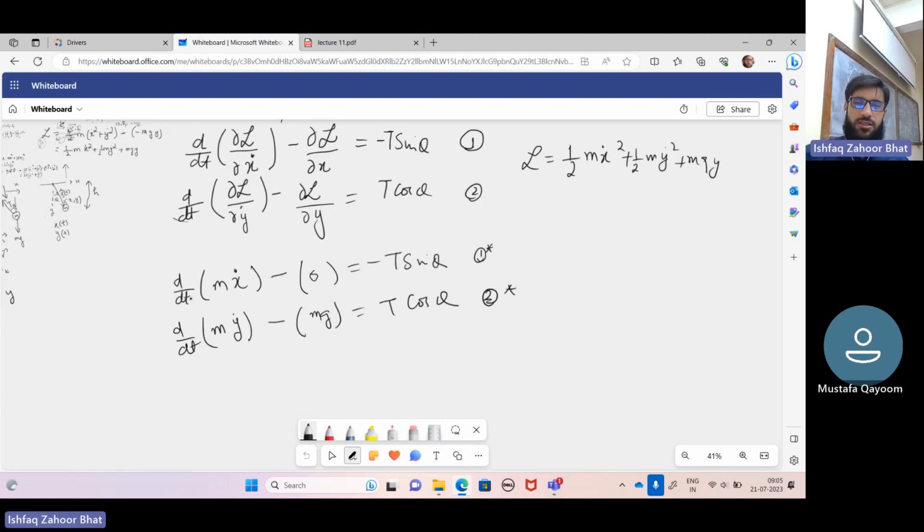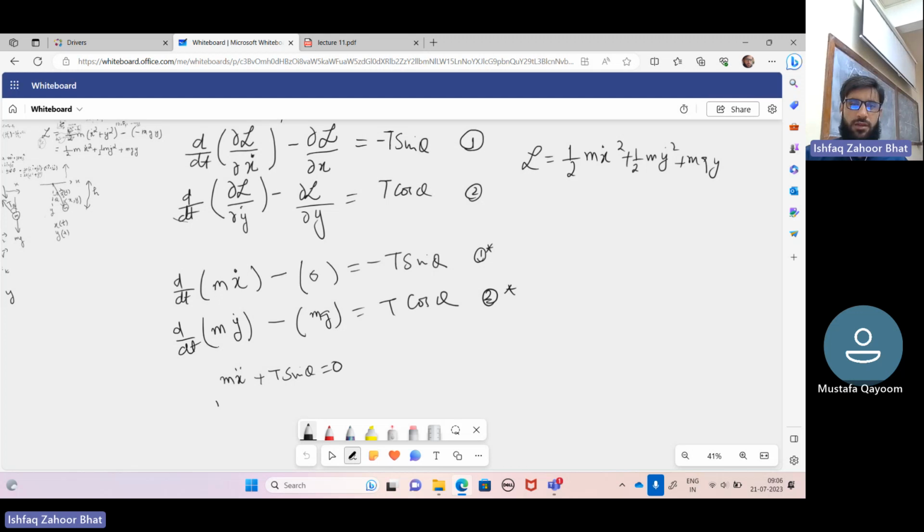Don't say ma, say mx double dot, because dot always represents the derivative with respect to time. Okay, so mx double dot, I will take this, plus t sine theta equal to 0.